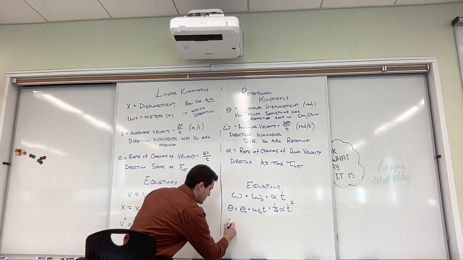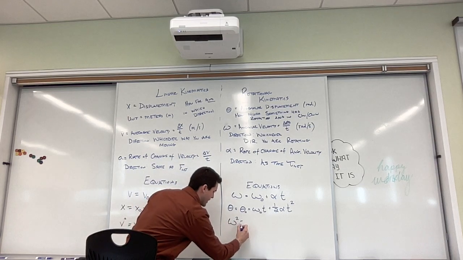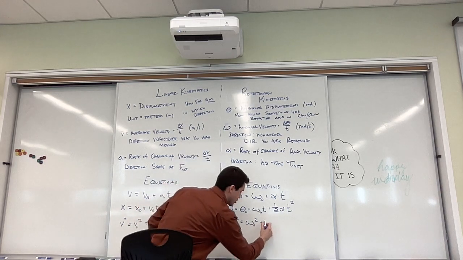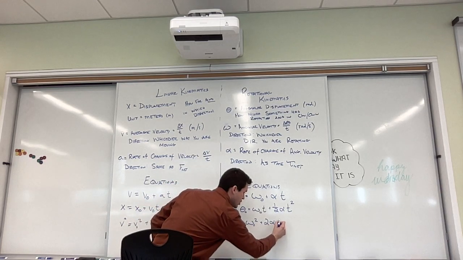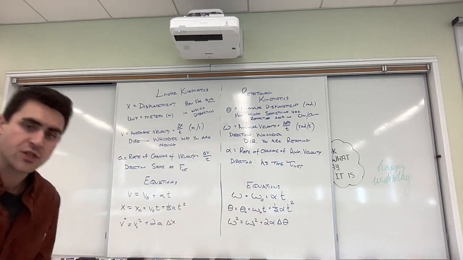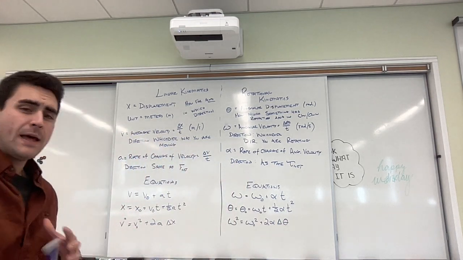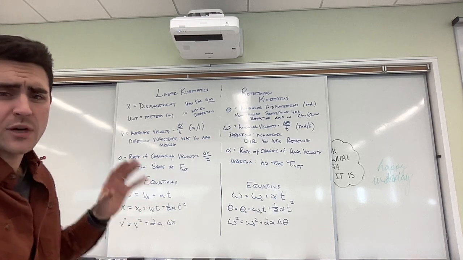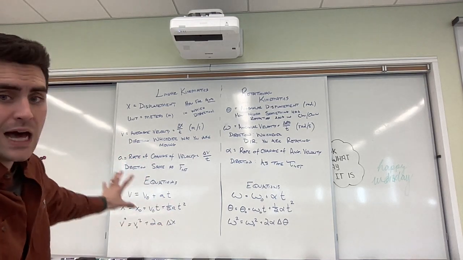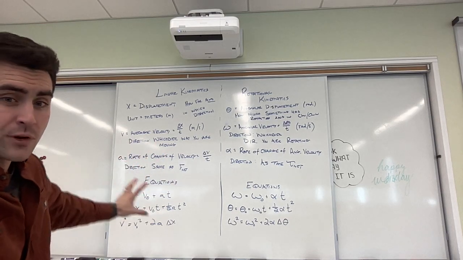Lastly, we would say angular velocity squared equals initial angular velocity squared plus 2 alpha change in theta. This equation also holds true. Now, these equations work independently of each other. These equations might discuss an object moving on a line, an object in free fall.